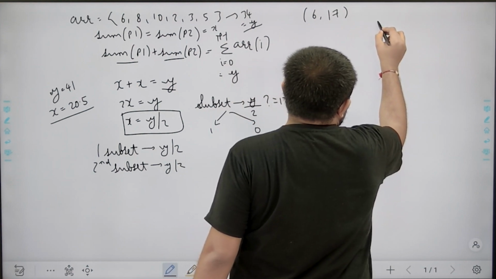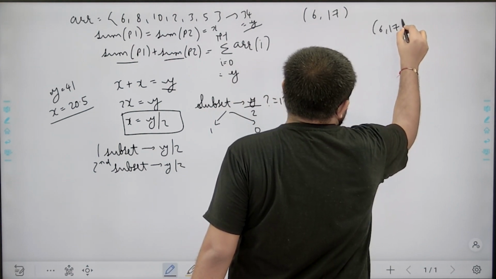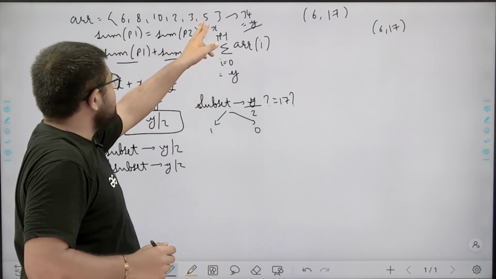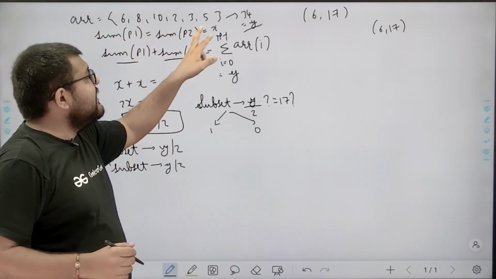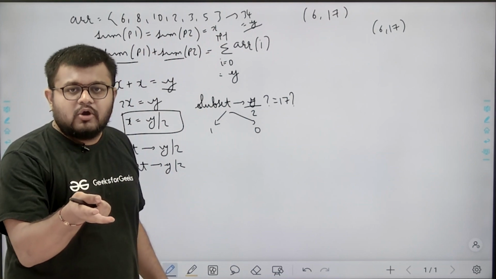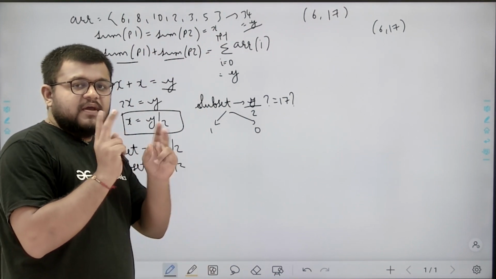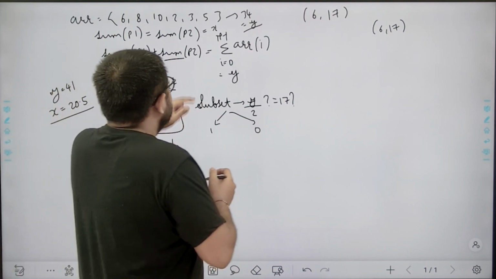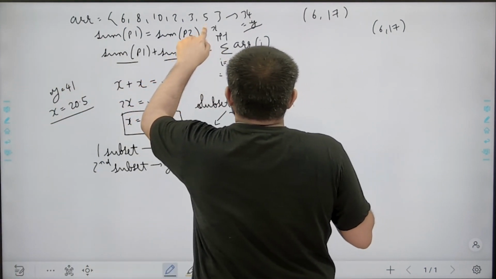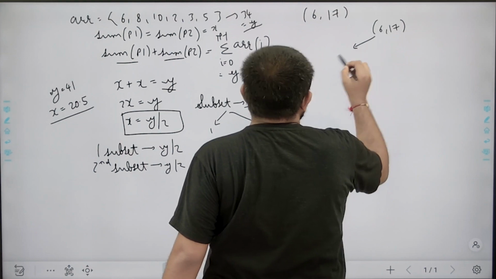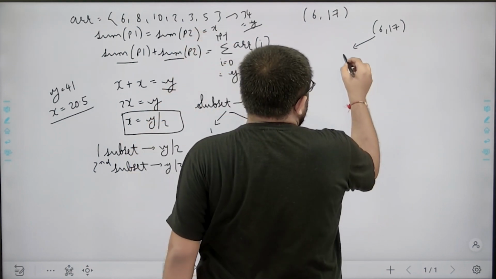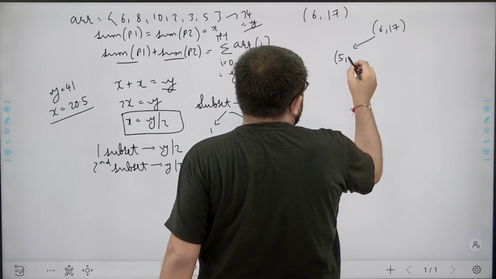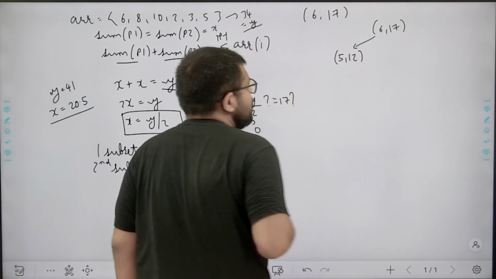Now if I draw it here, suppose out of 6 elements, can I get a subset with sum 17 or not? For each index, starting from the end, I decide whether to take it or not to take it, because we have two choices for each element. For this element, suppose I decide to take it, so its value is 5. Now my question would be, can I form a subset from the first 5 elements such that its sum is 12?